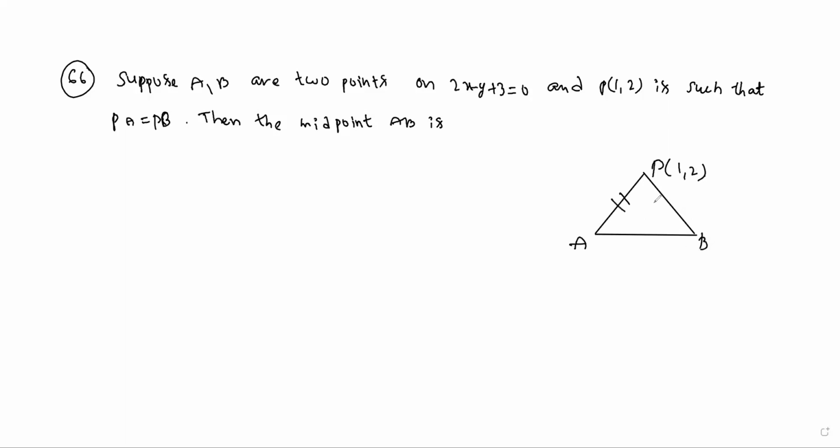These two are given equal, same lengths. When the two sides are equal, it forms an isosceles triangle. In an isosceles triangle, the altitude and median both become equal. The median is nothing but the line passing through the midpoint of the opposite side of the vertex.